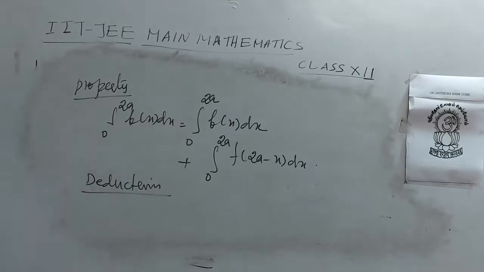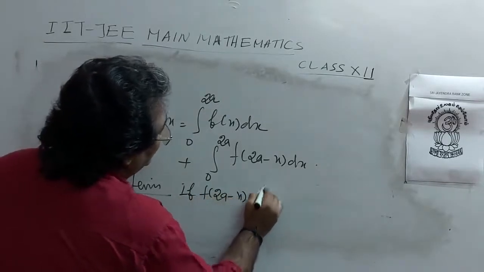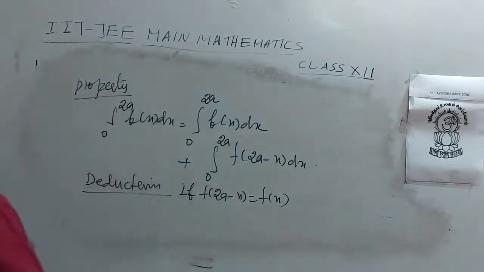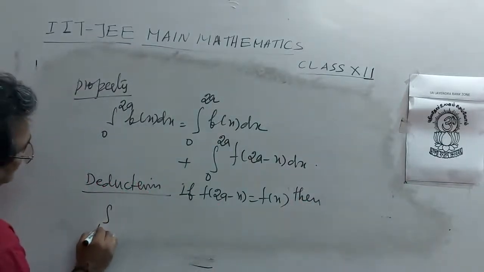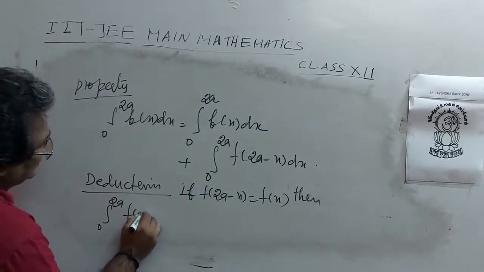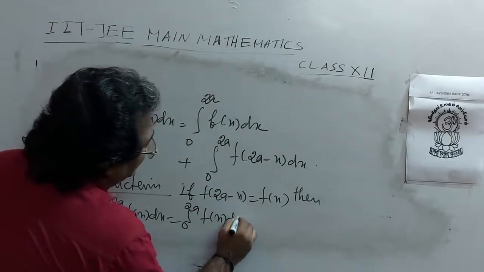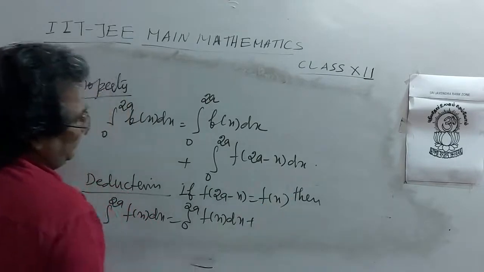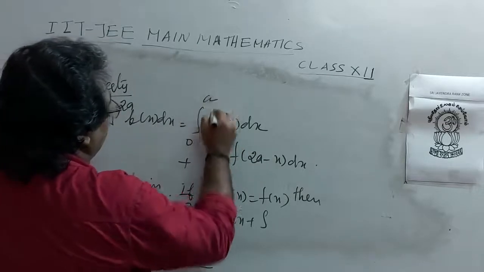Deductions. If f of 2a minus x equals f of x, then integral 0 to 2a f of x dx equals integral 0 to a f of x dx plus, in place of this you can write f of x, here also 0 to a.